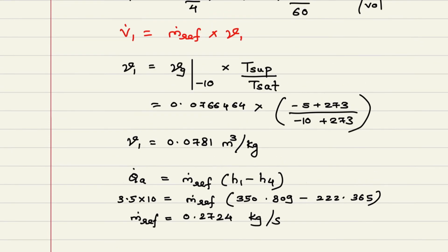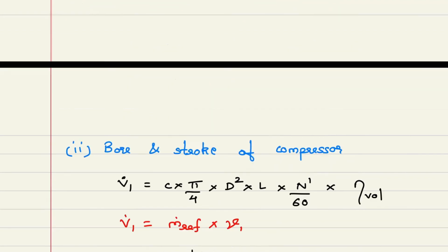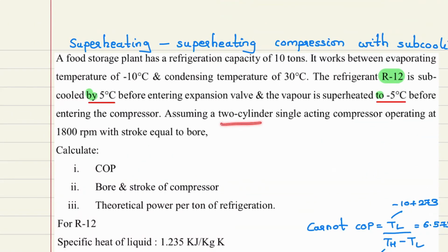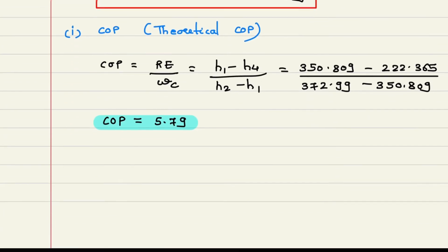Now after calculating the mass flow rate of refrigerant and the specific volume of point 1, we can get the left hand side. What about this C? What is given in the data? It is 2 cylinder, single acting, so N dash will be equal to N, operating at 1800 rpm, and L is equal to D. So substitute all this given data.